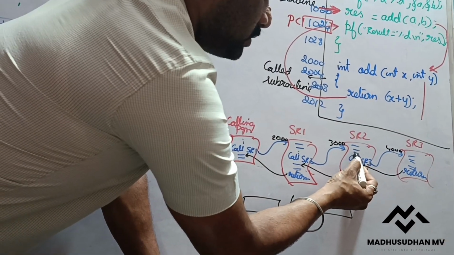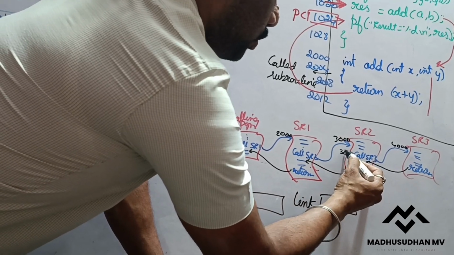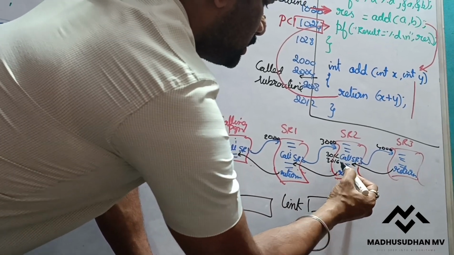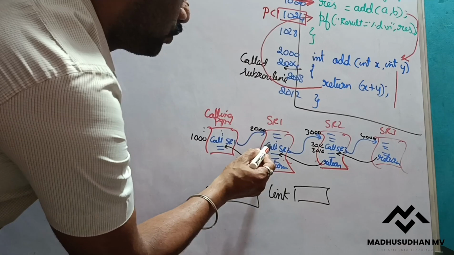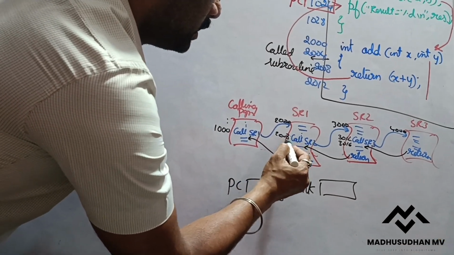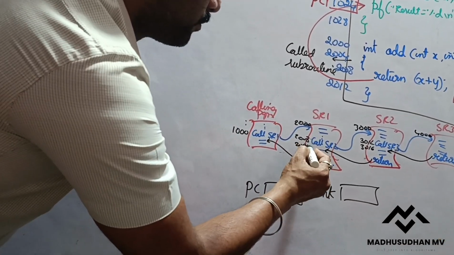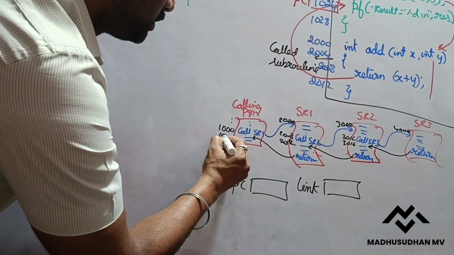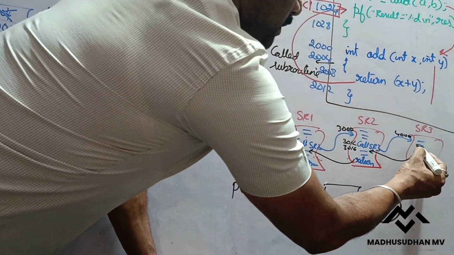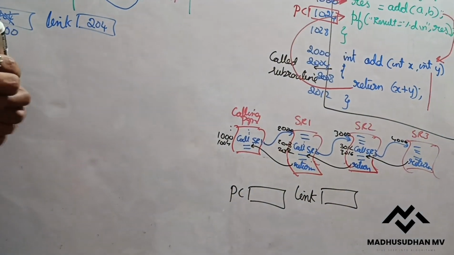Now assume 3004, 3008, 3012, and this is 3016. So 2000, 2004, 2008, next is 2012. Now this is 1004.